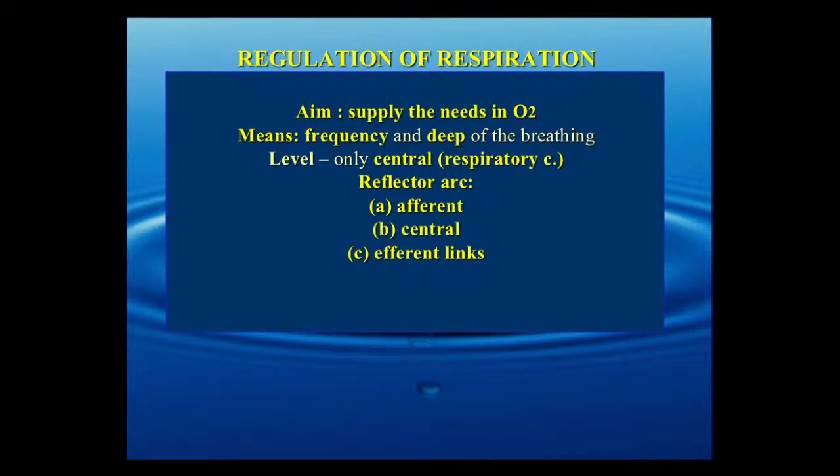If we have here only central level regulation of the respiratory system, it means that in regulation of respiration we should consider the reflex arc of respiratory reflexes, and this reflex arc consists, as usual, of afferent, central, and efferent limbs. Each of these limbs we will consider during the next lecture.